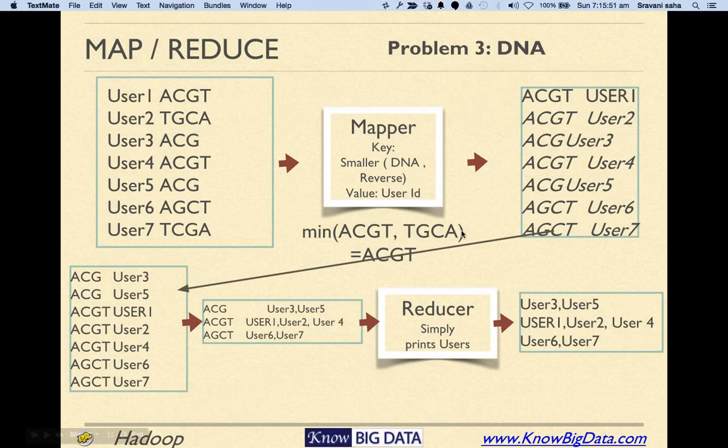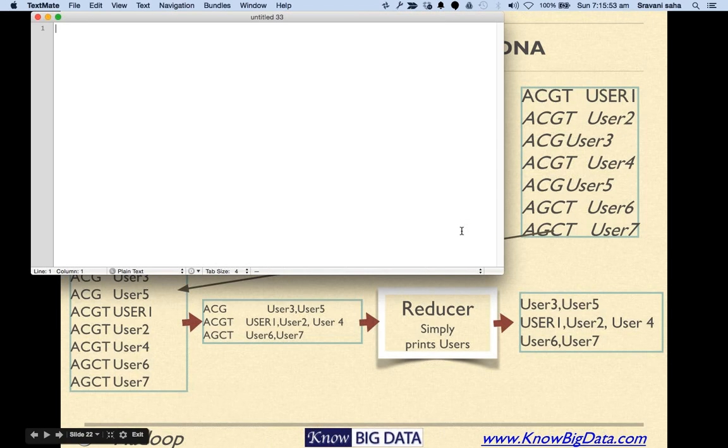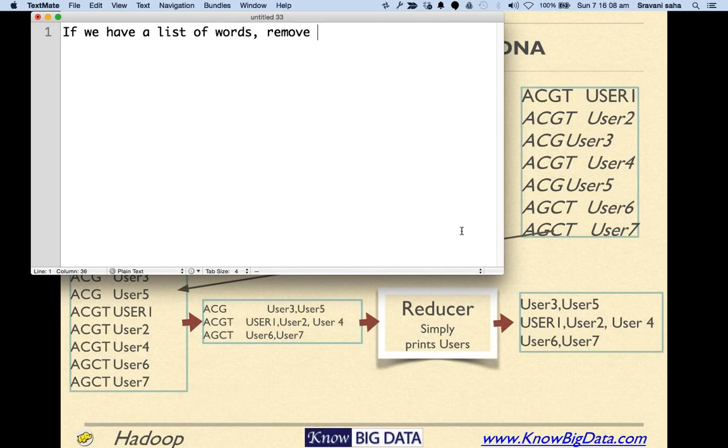Or let me ask you the same question this way: if we have a list of words, remove one of the mirror images, I mean the mirror or reverse of the word.